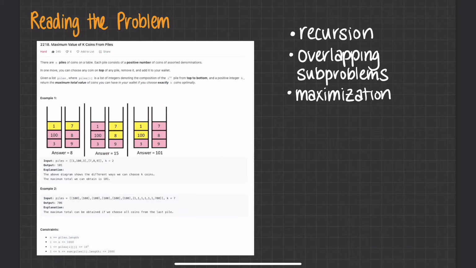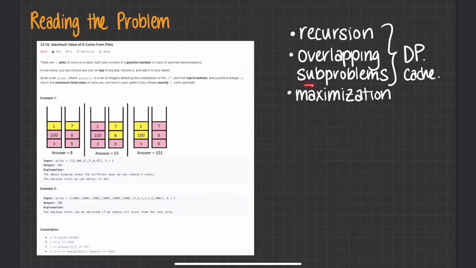And we can see that there might be a lot of overlapping subproblems there if you consider that you need to do the same thing with any of the prior piles there exists. Right away, these 2 factors remind us that we probably need to use dynamic programming with some sort of cache.